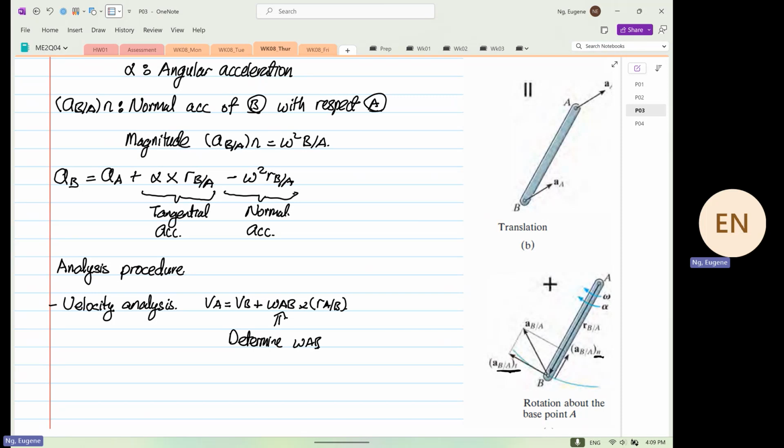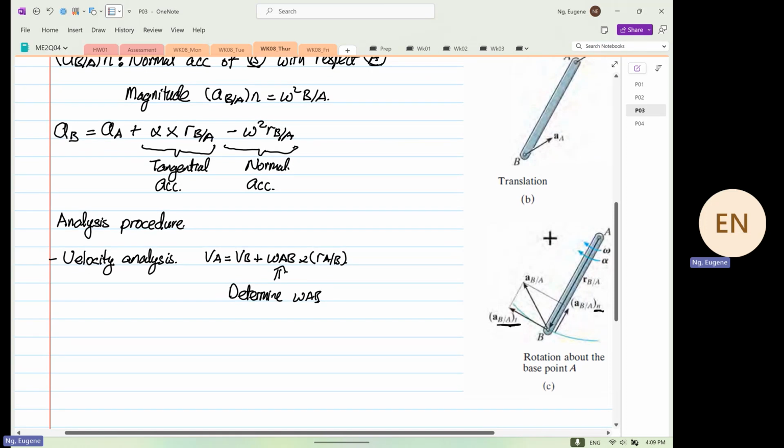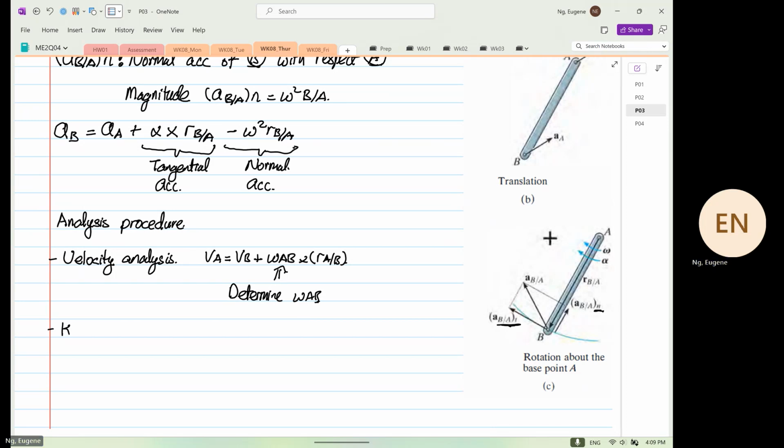After you've done your velocity analysis, you're going to do your kinematics. We're going to draw your kinematics diagram. On your kinematics diagram, we know that acceleration of point A will be equal to acceleration at point A in the tangential direction plus acceleration at point A in the normal direction.